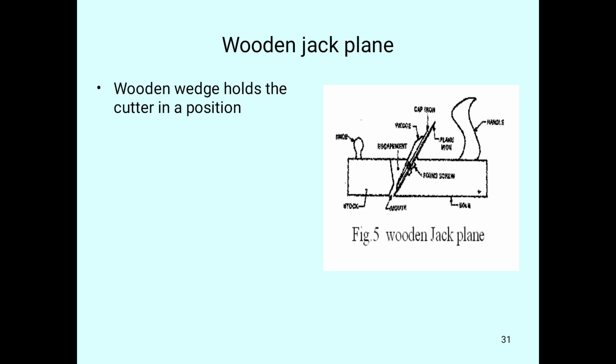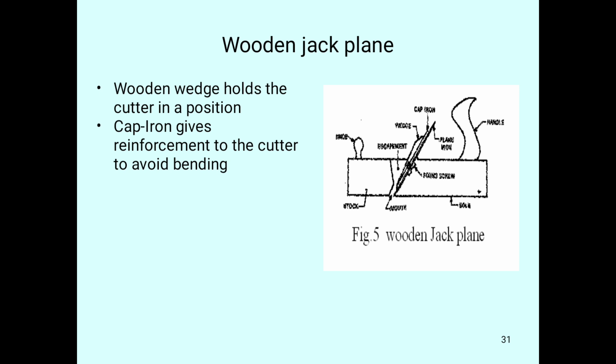Next, the wooden wedge. What is the purpose of the wooden wedge? The wooden wedge holds the iron cutter in position so that the cutter will not move while the planing operation is being performed. The cap iron gives reinforcement to the cutter to avoid bending.